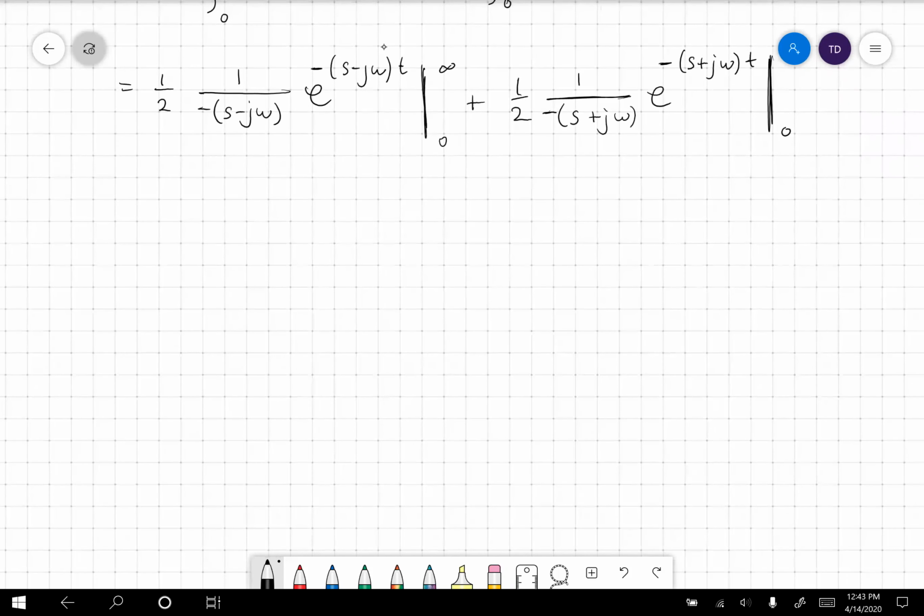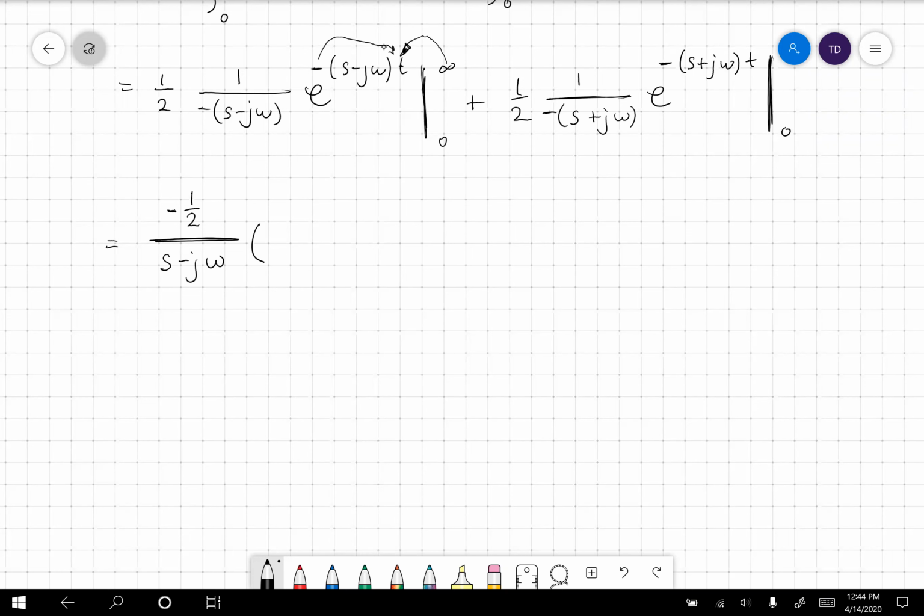Okay, we're going to substitute in the upper limit. So first, I'm going to take the first term, and I'm just going to write this the following way. I'm going to put the 1/2 in the numerator with the negative sign. I'm going to write this as s minus j omega in the denominator. And then I'll plug my infinity in here, okay?